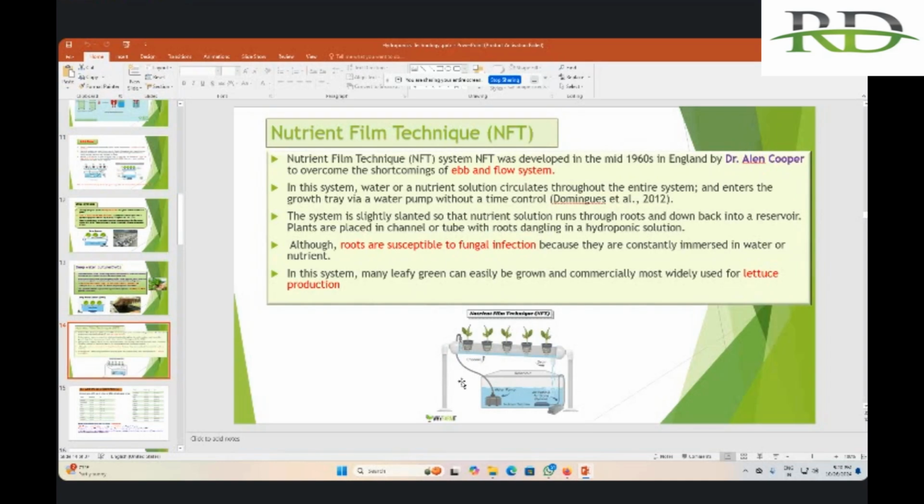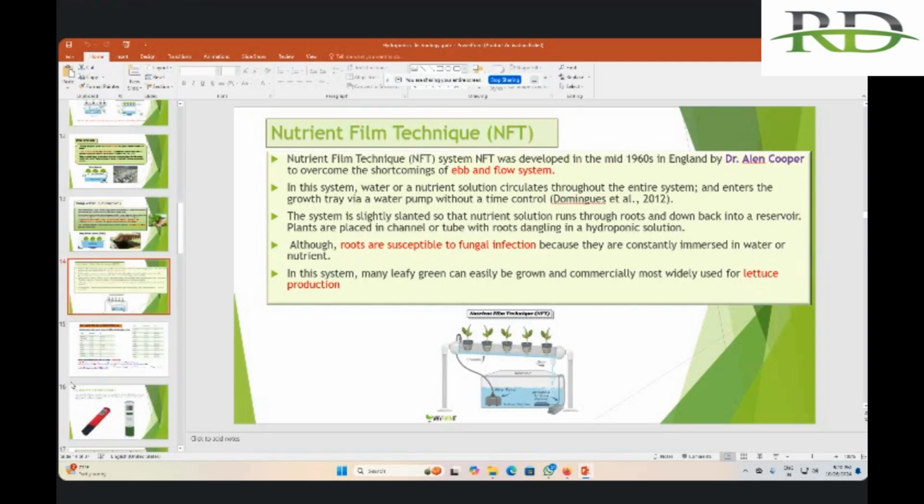It is simple, just like ebb and flow, but the plants are placed in a slanting position so that all the excess water gets drained out, and there is no chance of fungal infections or root rot.